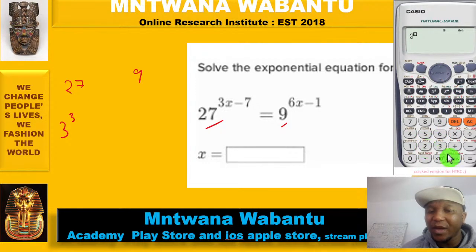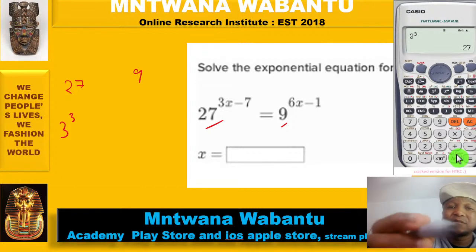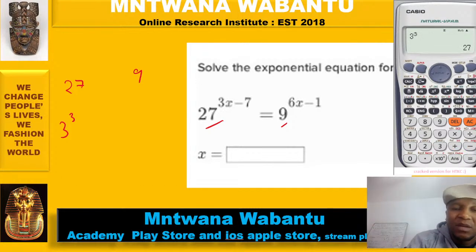We know if you say 3 square, it's going to give us 9. Okay, well, if I say 3 cubed, you'll get 27. So this 27 is 3 cubed.